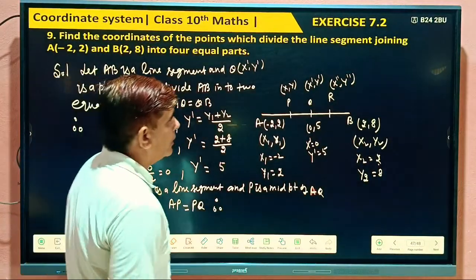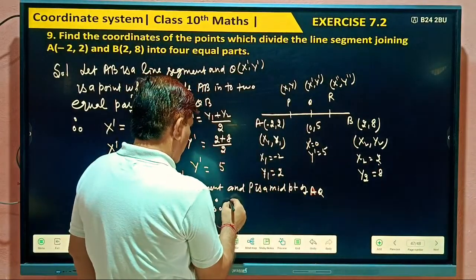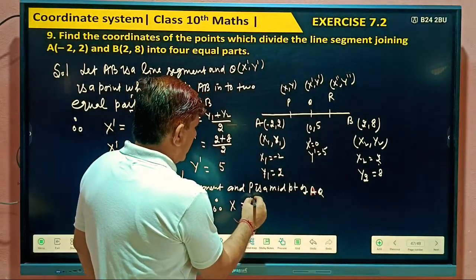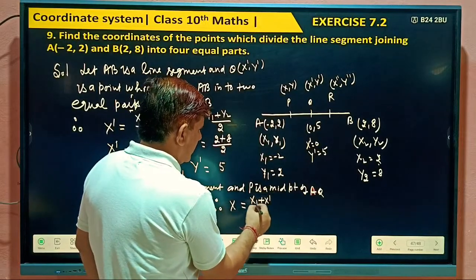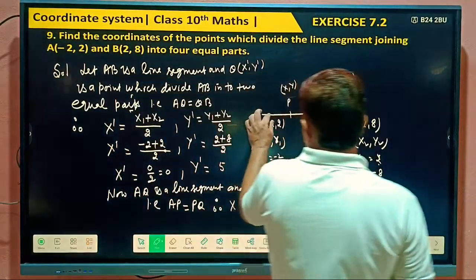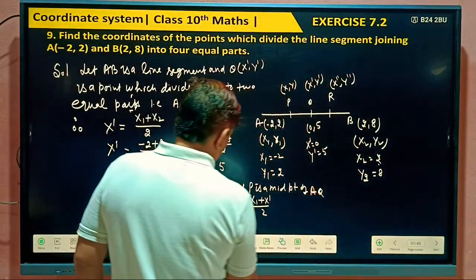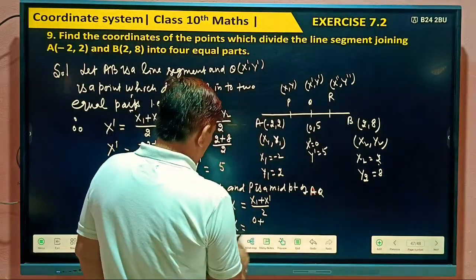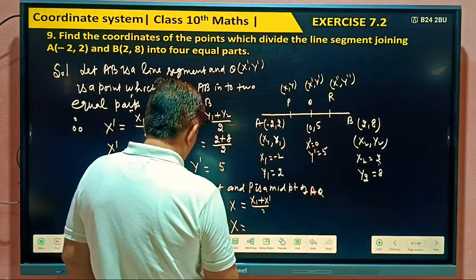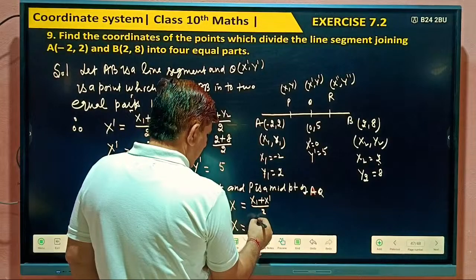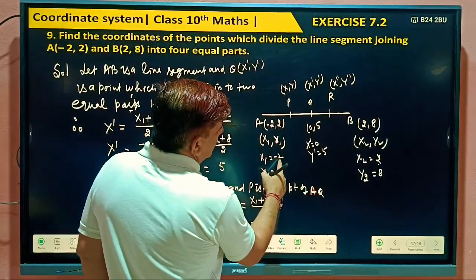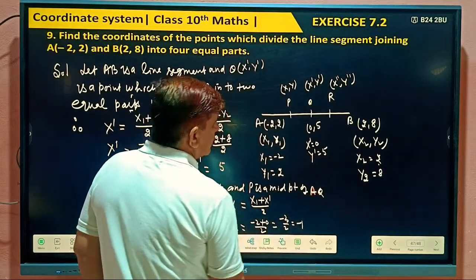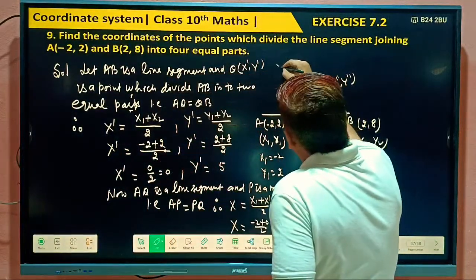Therefore, what can we say? x equal to x1 plus x dash by 2, this plus this by 2. x1 is minus 2, sorry. x dash is 0. So minus 2 plus 0 by 2 equal to minus 2 by 2, minus 1. So x equal to minus 1.